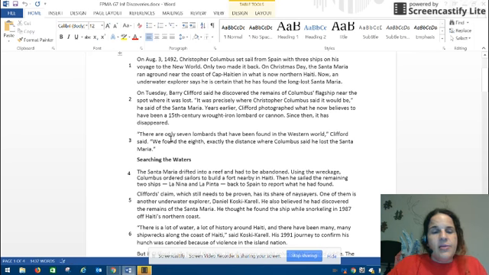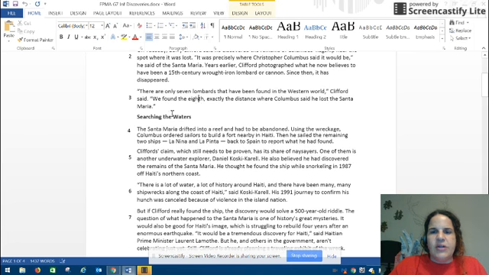There are only 7 Lombards that have been found in the Western world. I don't care how many he's found. That's got nothing to do with whether it's old or not. Clifford said we found the 8th exactly the distance where Columbus said it would. He lost the Santa Maria. Again, finding it exactly where you think it would be is not making it hard to prove. It's making it easy, so we can't use that. The Santa Maria drifted into a reef and had to be abandoned. There's still nothing we can use.